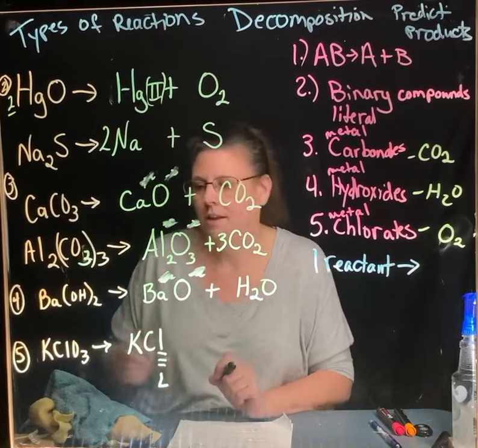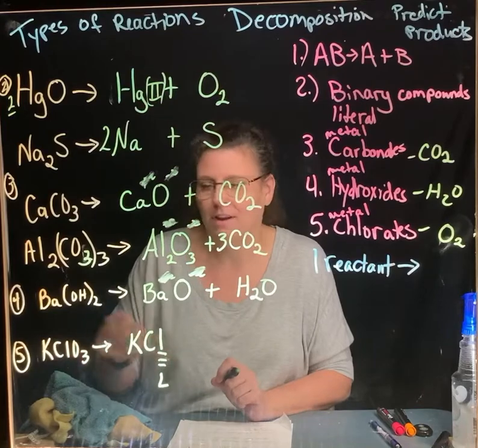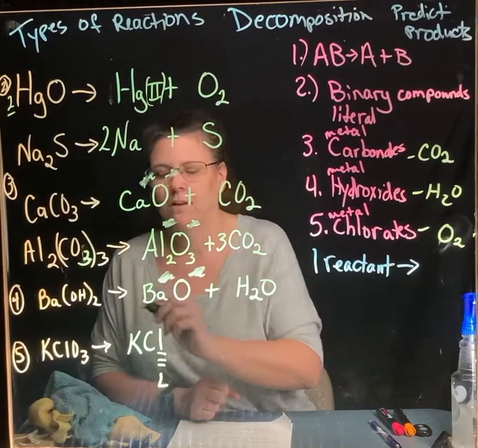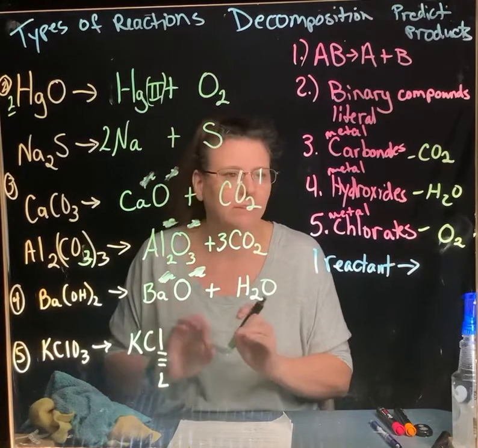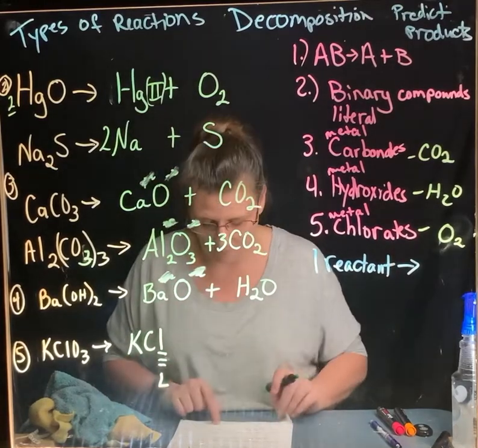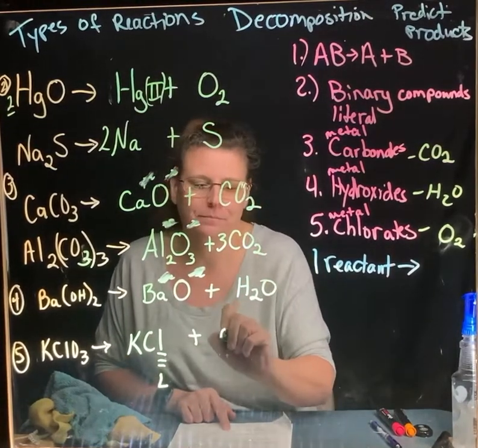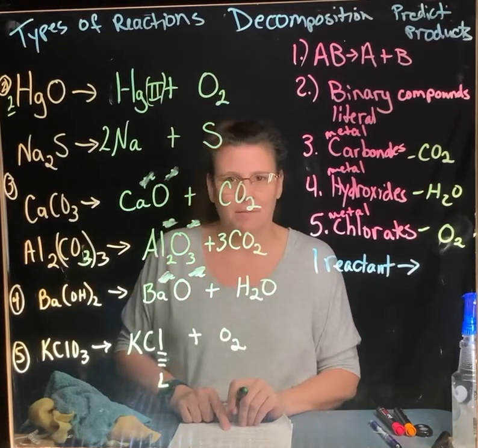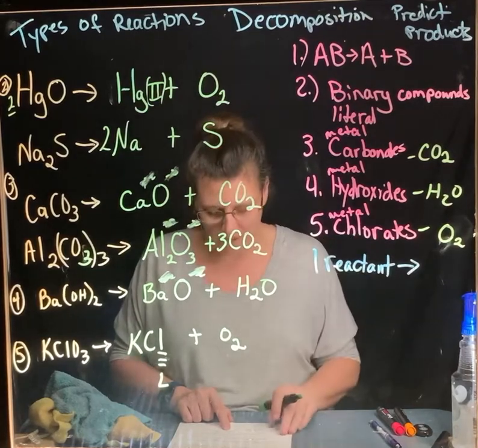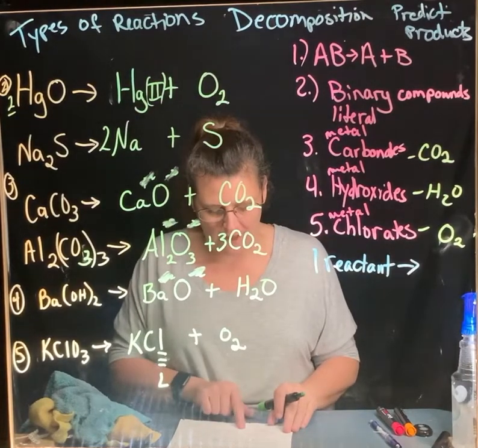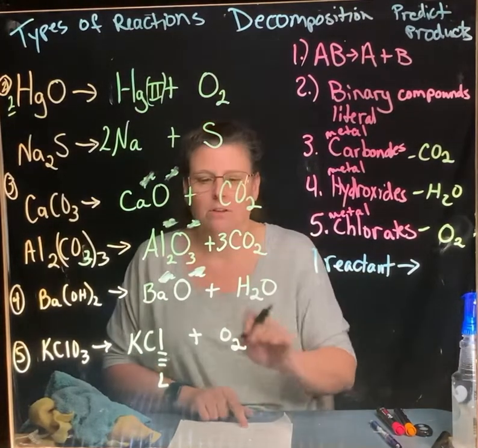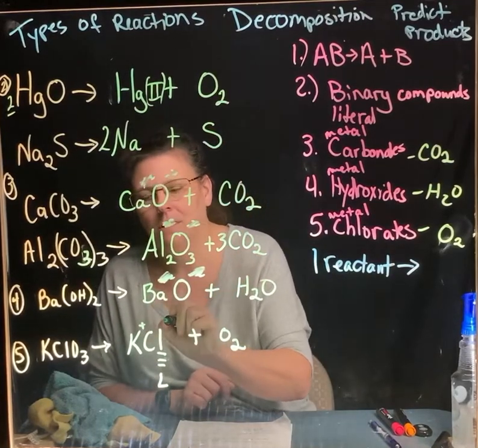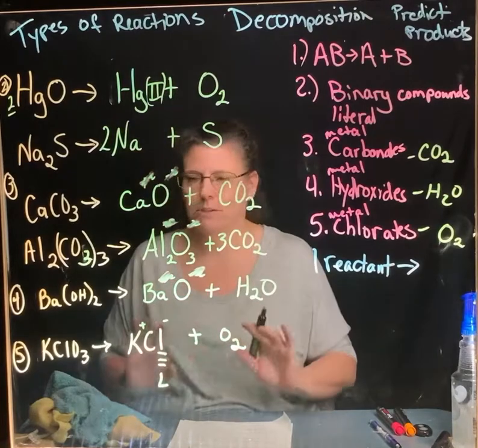KClO3, not KCiO3. It's KClO3. Chlor, that's kind of your hint there. Plus oxygen, and oxygen is a diatomic molecule. That's why it has that 2 there. So check your free elements and check your charges. This is a +1. This is a -1. So it works out.